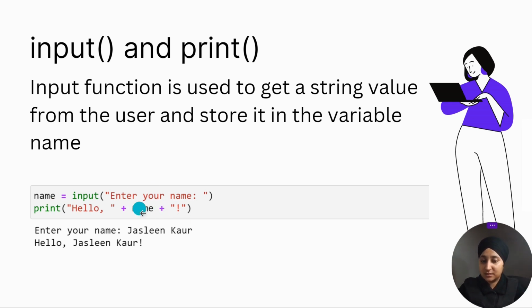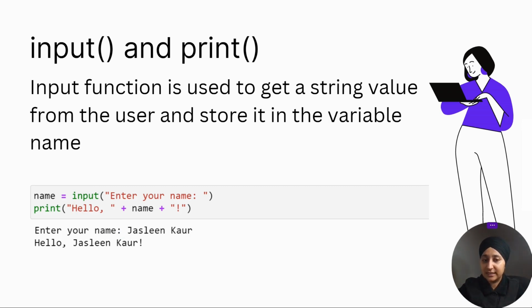So this is the variable name, and we are concatenating this exclamation sign here at the end using the plus operator, right? So what is happening when the input statement is executing, it will give you enter your name, and it will wait until you give the input to the computer.